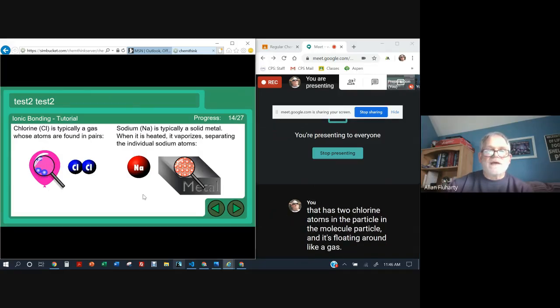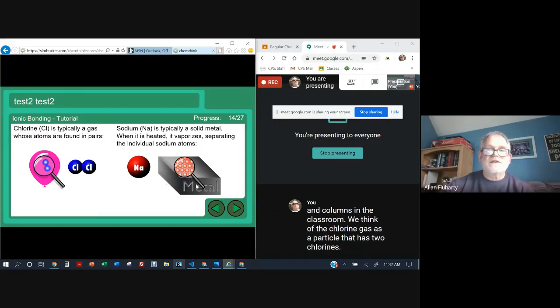Now, sodium at room temperature is actually a solid, and each sodium atom is arranged in a metallic crystal. The actual sodium atoms are in a regular structure next to each other, just like you're in a classroom in rows and columns. We think of the chlorine gas as a particle that has two chlorines.